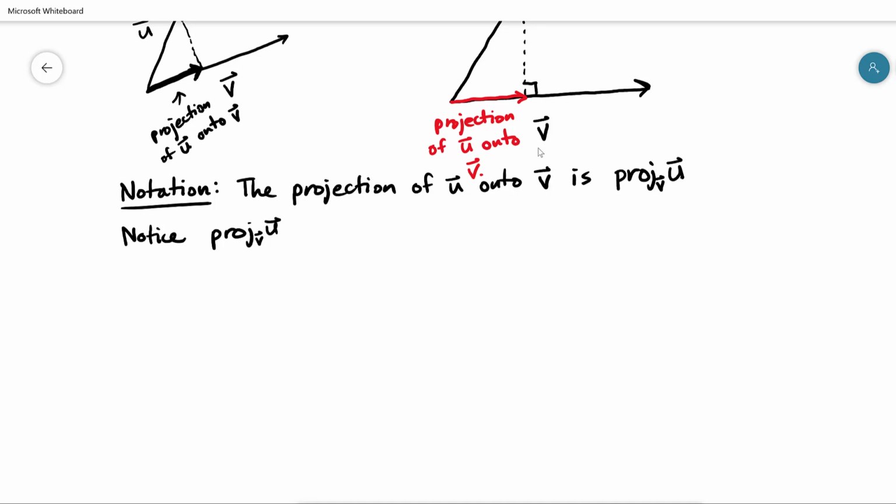Notice that vector points parallel to v. It points the same direction as v in this case.